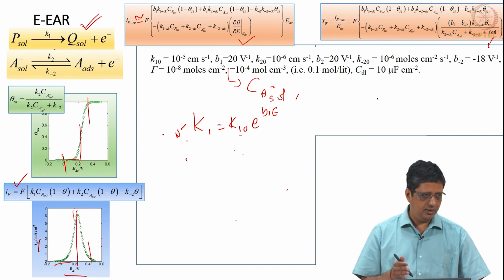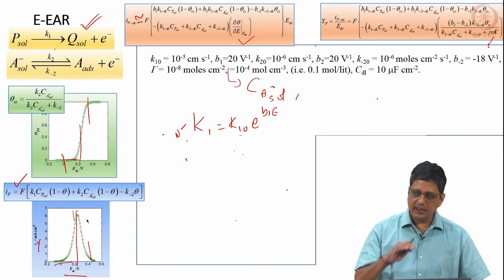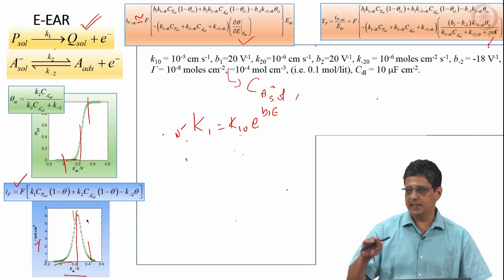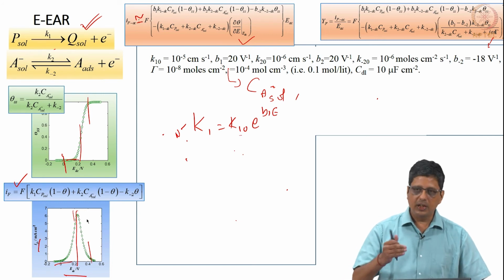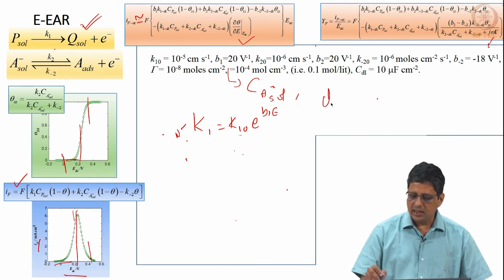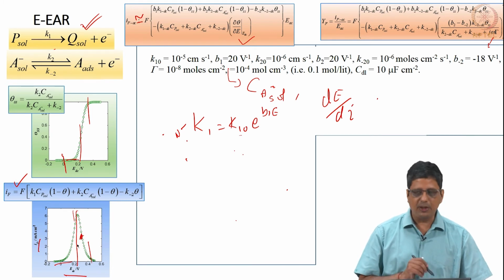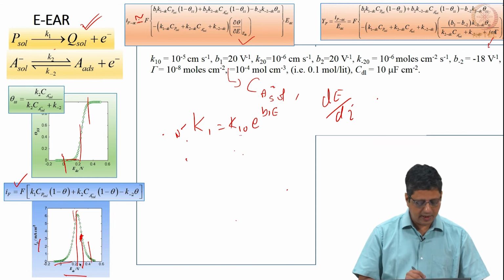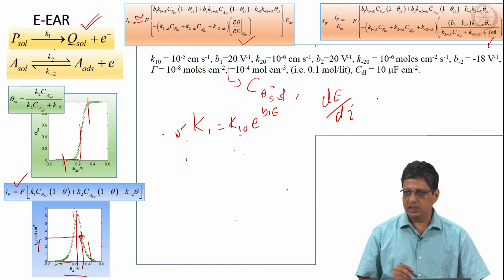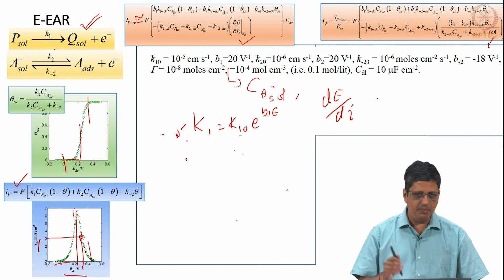Because of that, when I increase the potential, current decreases. So, it appears as a negative resistance because I am taking dE by dI, I am not looking at E by I. E by I is still positive here, this is the E value, this is the I value, that is still positive, but the slope which is dE by dI is negative here.